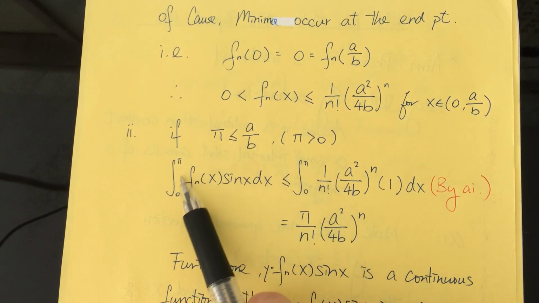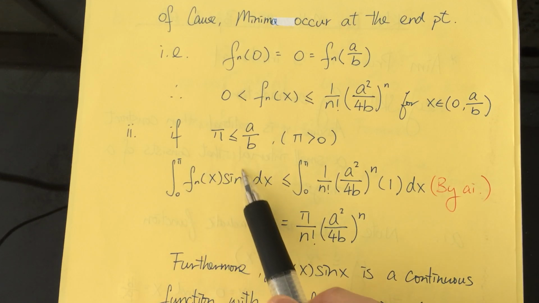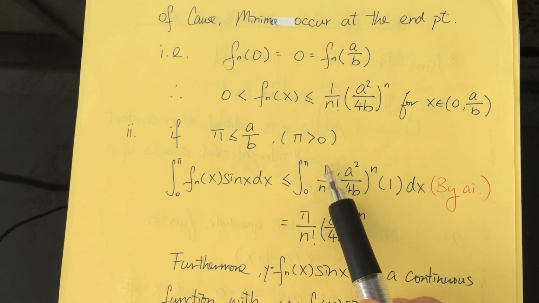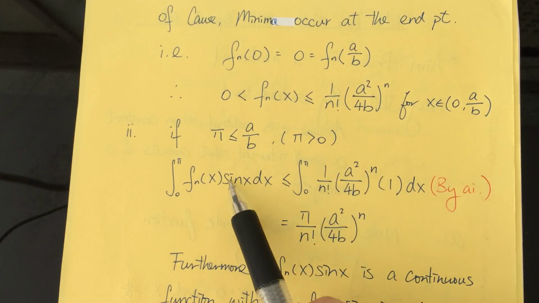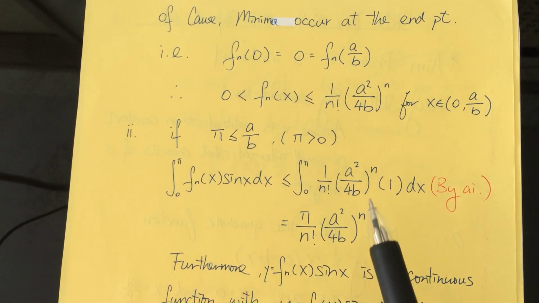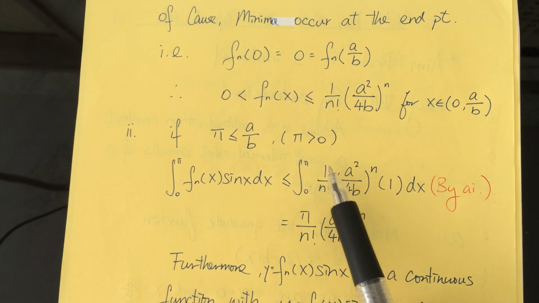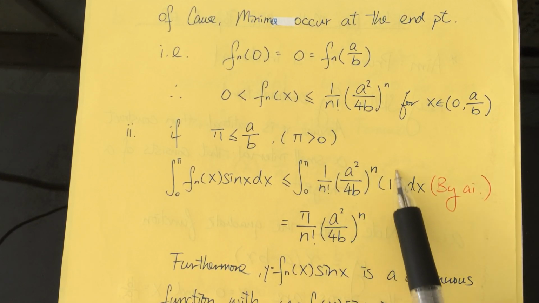Then we integrate this one. We try to maximize this part and this part. So f_n(x), by part A1, maximized, is this constant. Now note that this is a constant. And for sine x between 0 and pi, this is between 0 and 1, and the maximum is 1. By direct integration, note that this is not complicated as this is a constant.